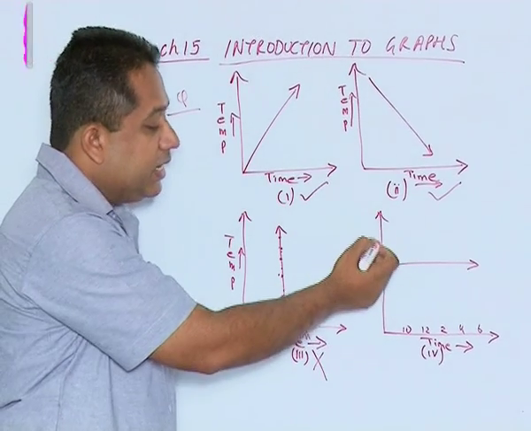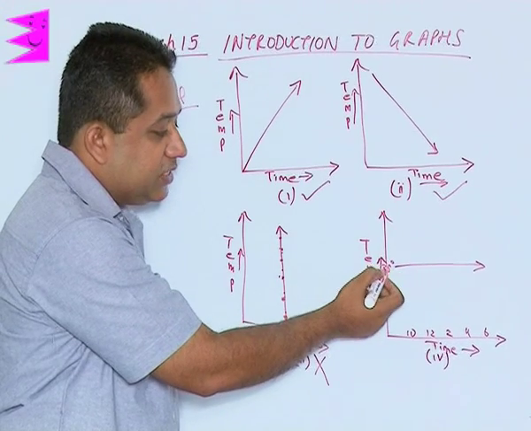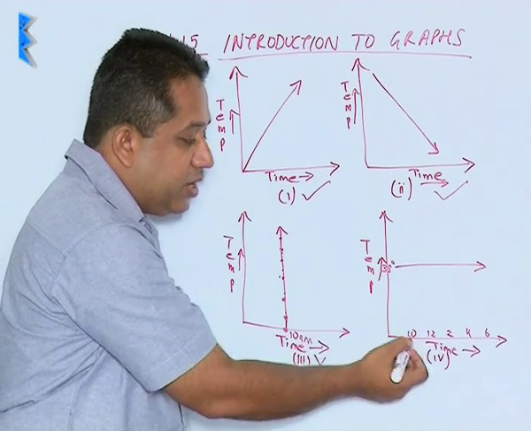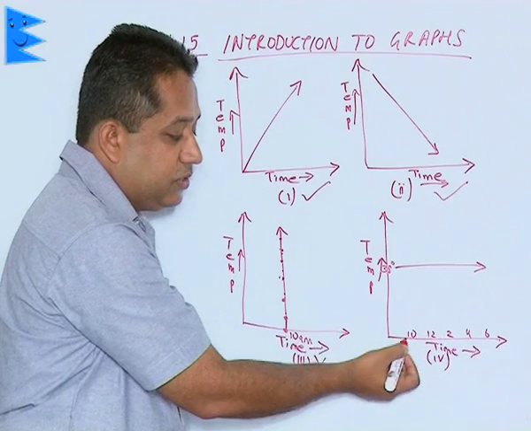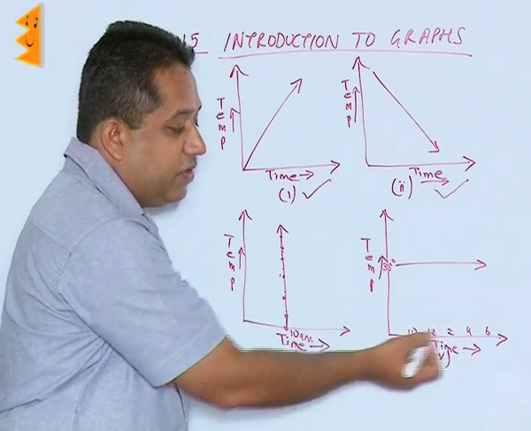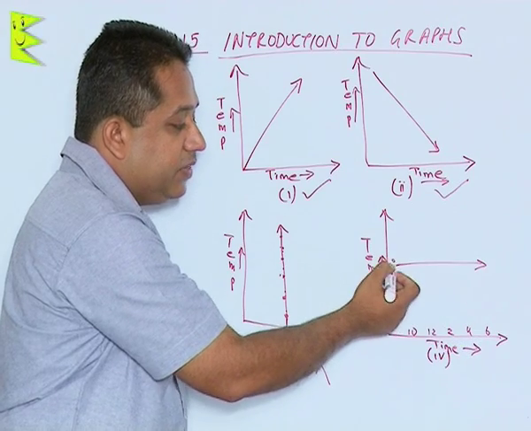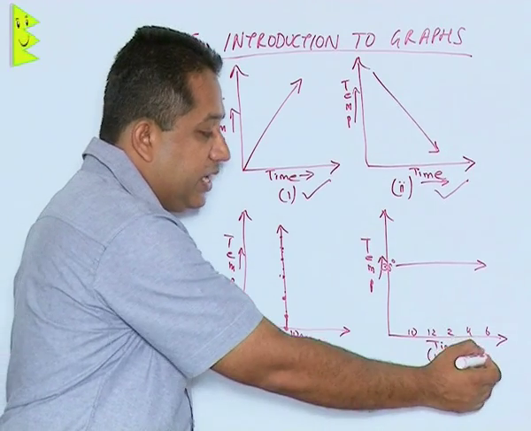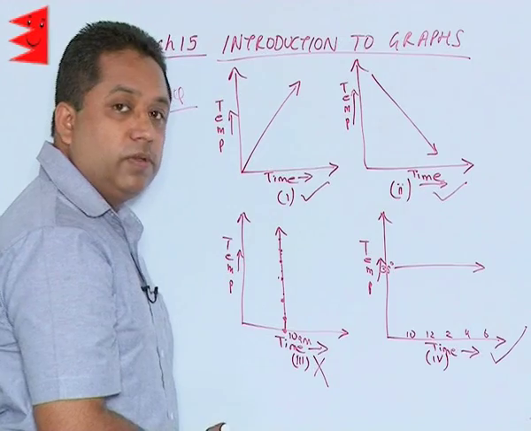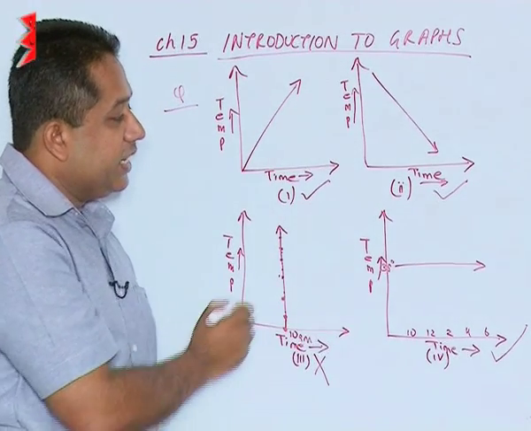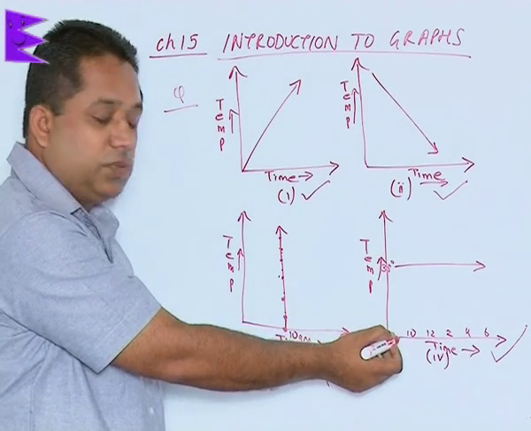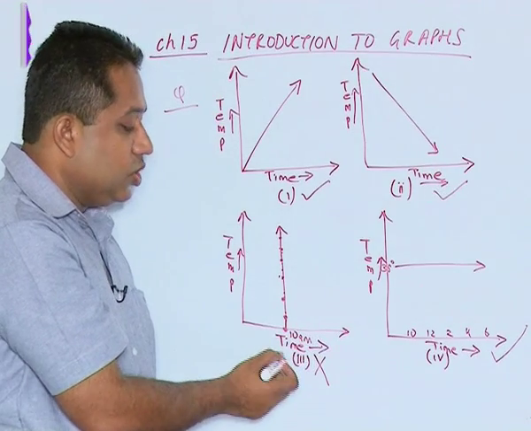So, we can say that temperature in this case 38 degrees is a constant at all these particular times 10 to 6. We are taking this time period between 10 am and 6 pm, it is possible that the temperature remains a constant. So, we can say that this is also possible. So, in the 4 cases we find that the first, second and fourth cases are possible, but the third case is not possible.